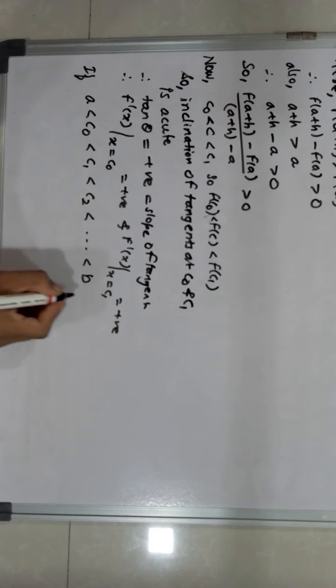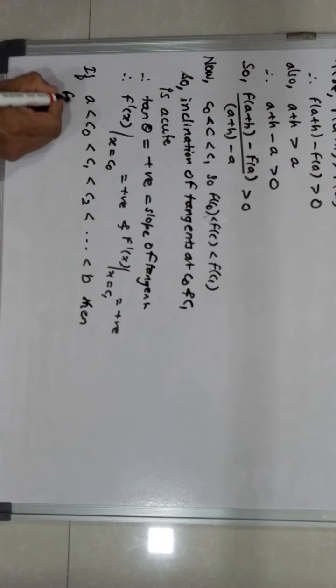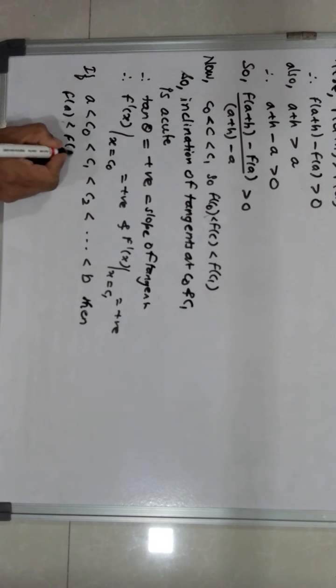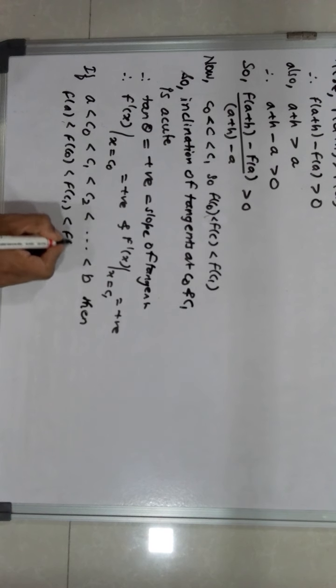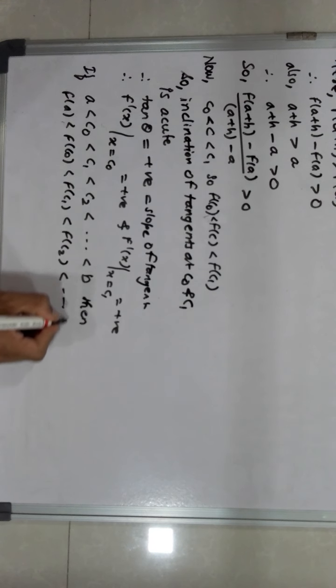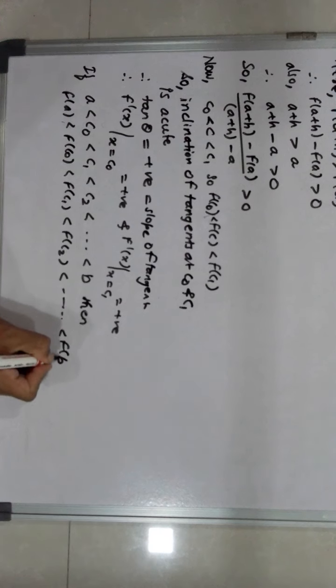Then what I found here is that function of A is less than function of C0, is less than function of C1, is less than function of C2, less than function of B. That means as the x coordinate goes in ascending order, so does the y coordinate go in ascending order. That means as the value of x increased, so does the value of y increase.